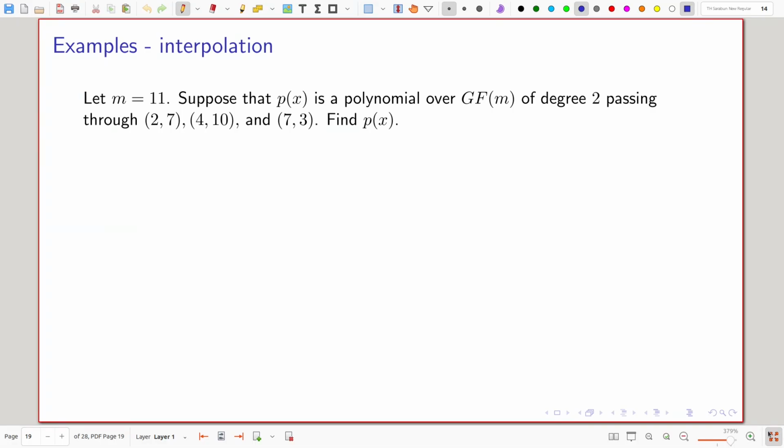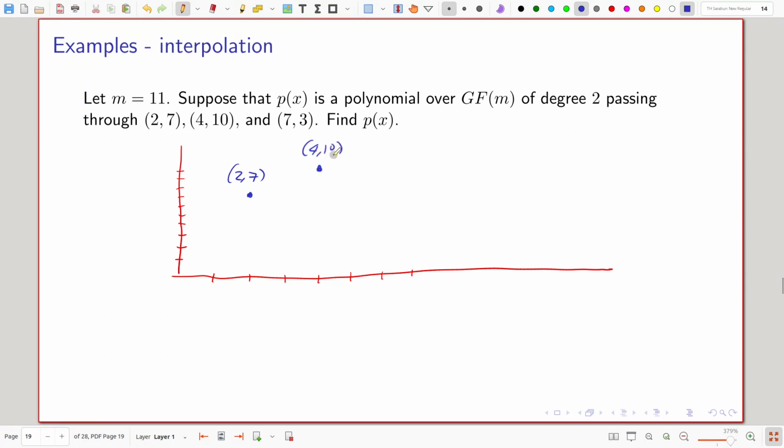So let's look at the picture first. I'll go in steps, and each step is not that hard. Okay, so you should be able to follow it. So this is 1. So this is 2, 7, and 4, 10, and 7, 3.